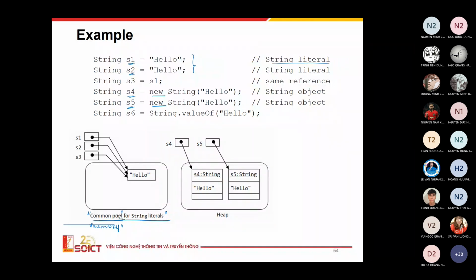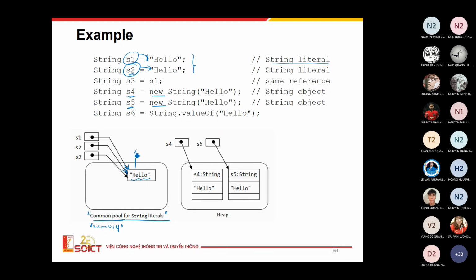So what will be stored here? Every string literal will be allocated here. And when you have objects, for example S1 and S2, with the same value, the same string, they will refer to the same region in the common pool.